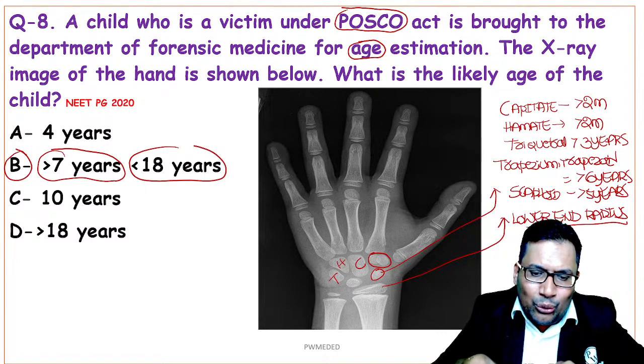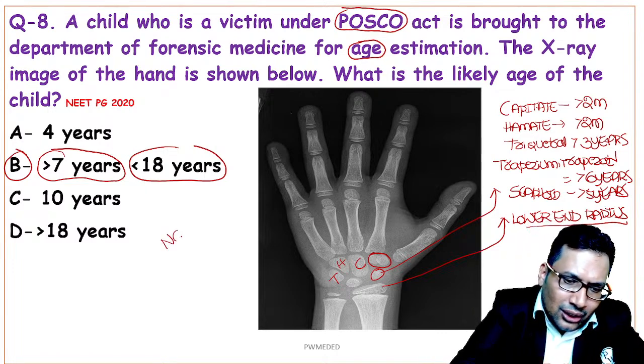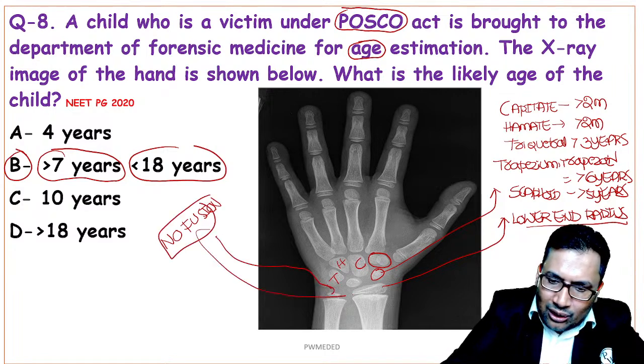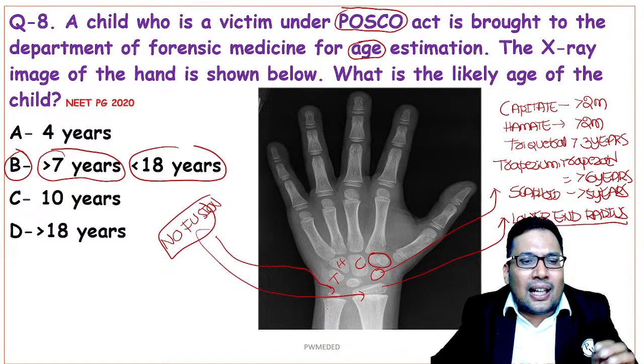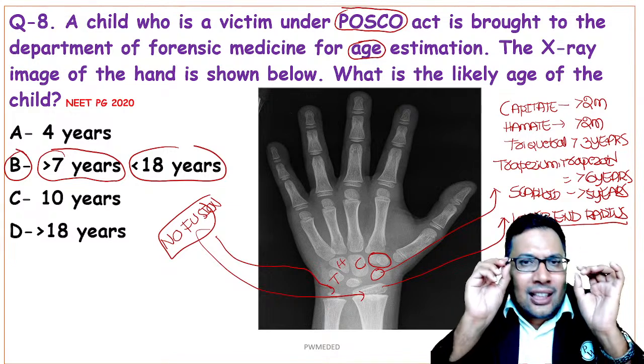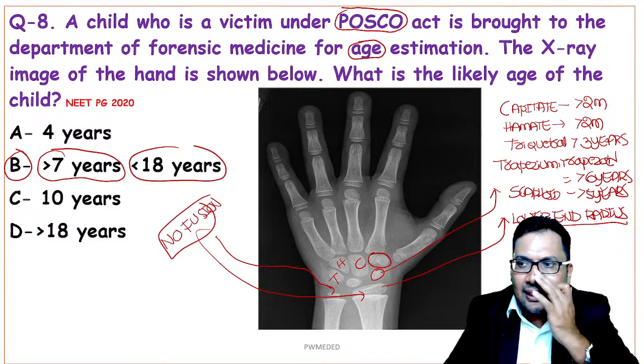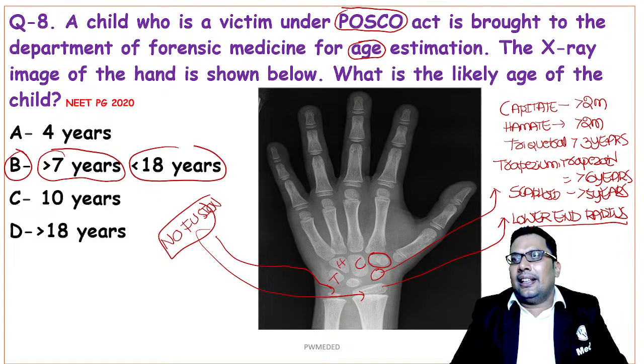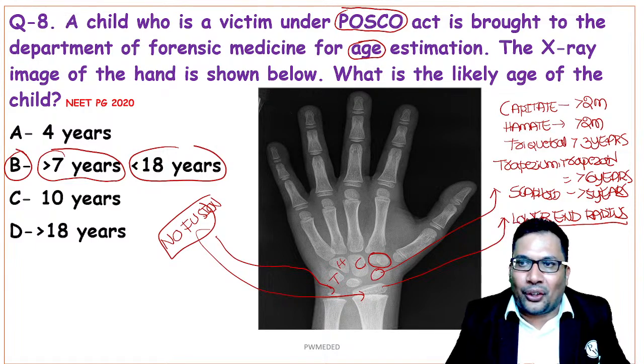So there is no fusion of radius and ulna here. So more than 7 years, less than 18 years is the correct answer for this question.